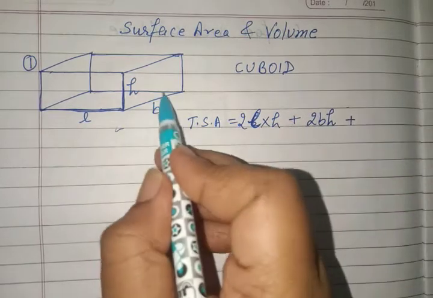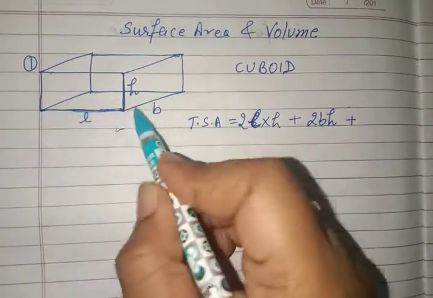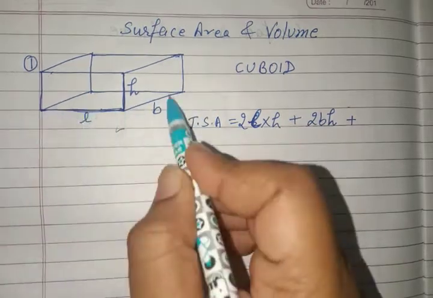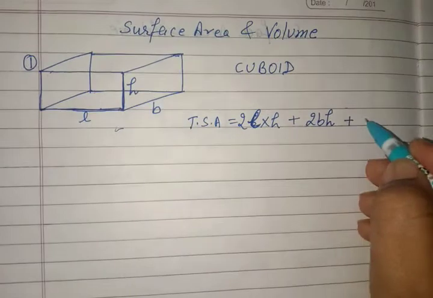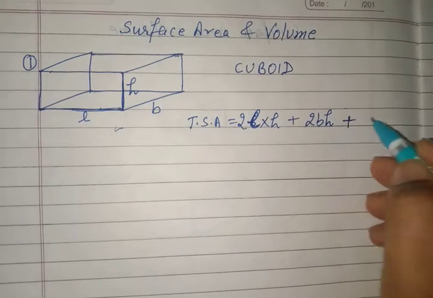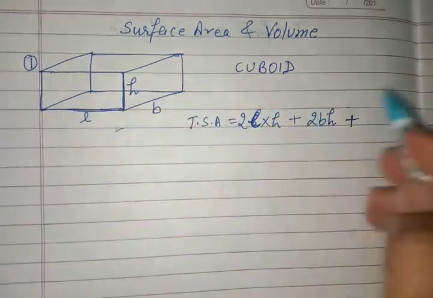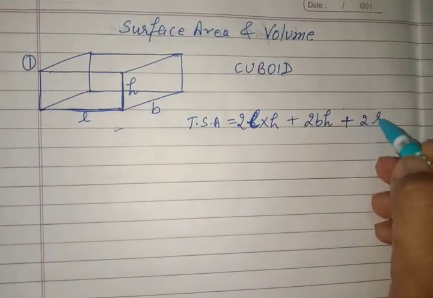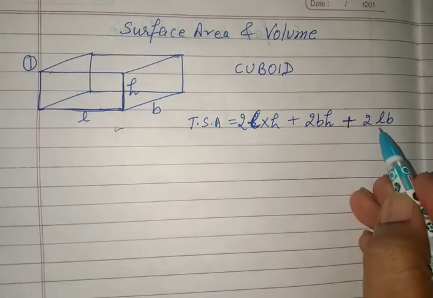If we consider the floor of the room, you can see this is length and this is breadth because it's a horizontal floor, and the roof is the opposite face of it. So for the floor we use the formula LB, and for the roof we also use LB. So it is 2LB. So this is the total surface area of the cuboid.